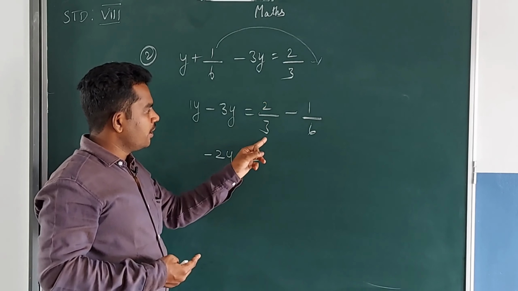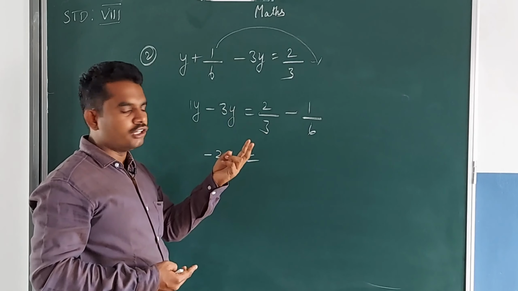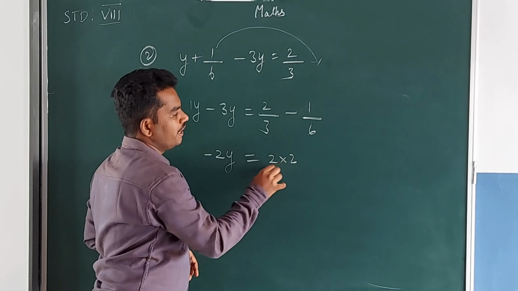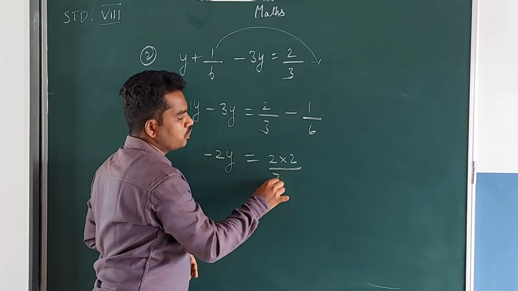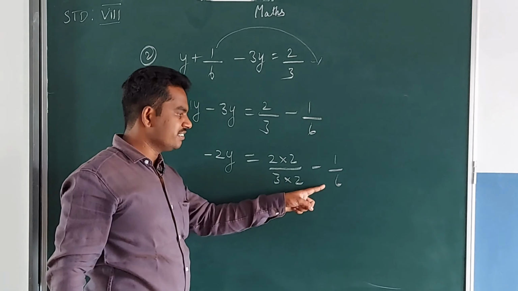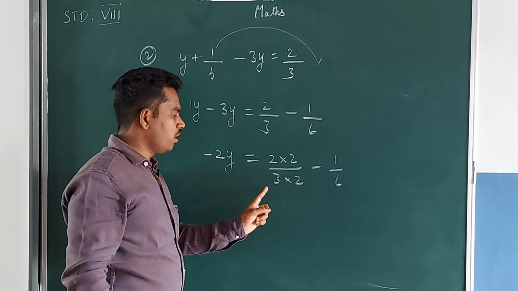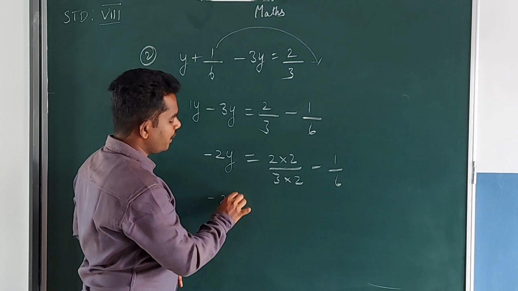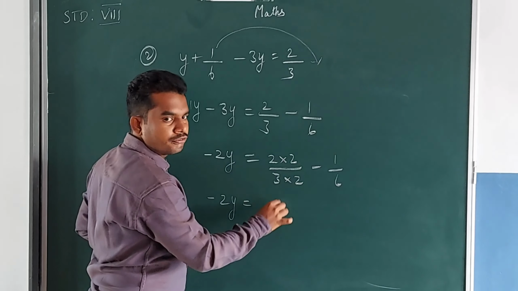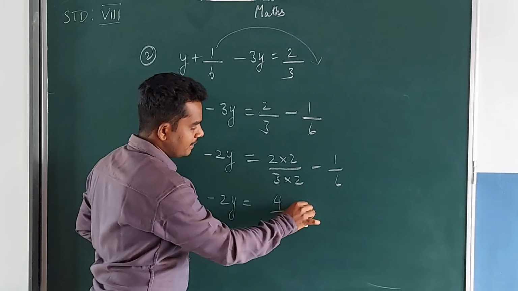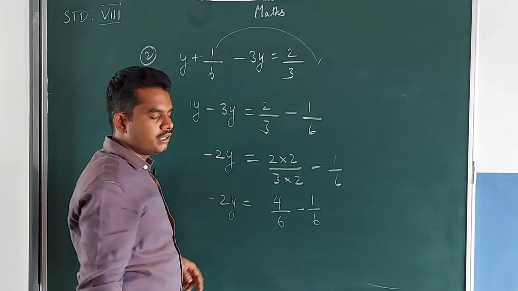So we need to multiply this fraction by 2. So 2 into 2 divided by 3 into 2 minus 1 by 6. Already 6 is there. We need 3 into 2, 6. Okay. So minus 2y equal to 2 into 2, 4 by 6 minus 1 by 6.